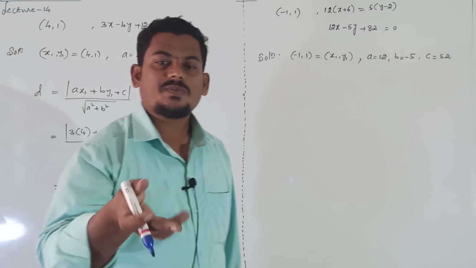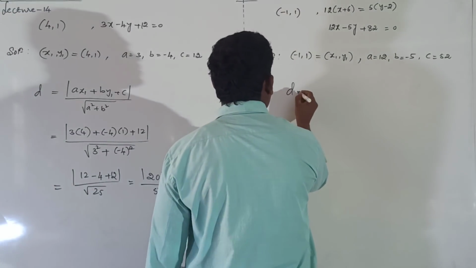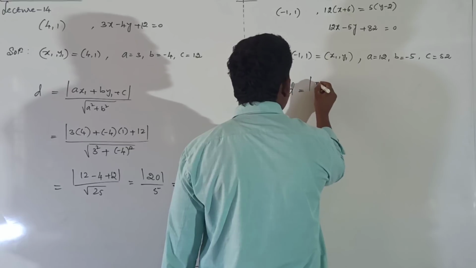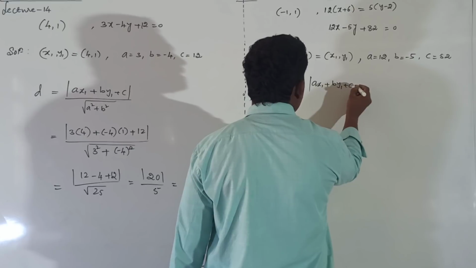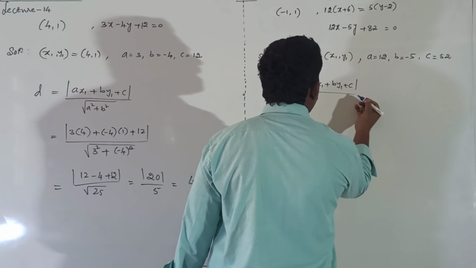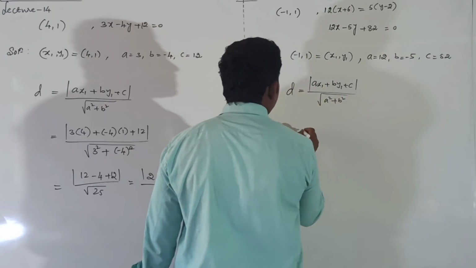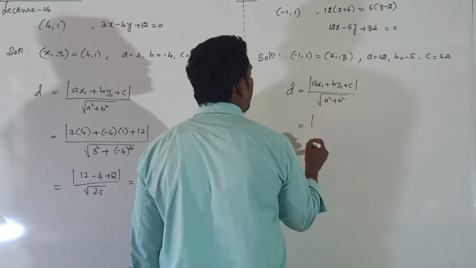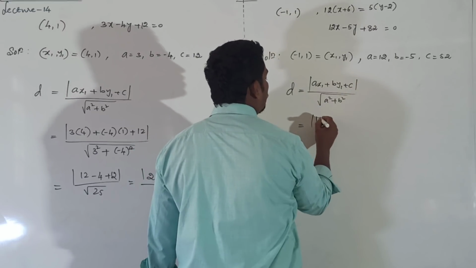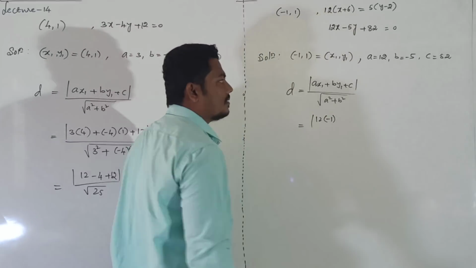Now use distance between point and line formula. D is equal to modulus of ax1 plus by1 plus c divided by square root of a square plus b square, right? That's equal to modulus of, what is a value? 12. What is x1? Minus 1.